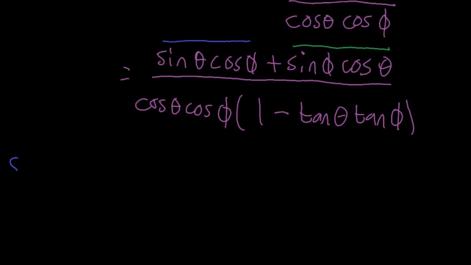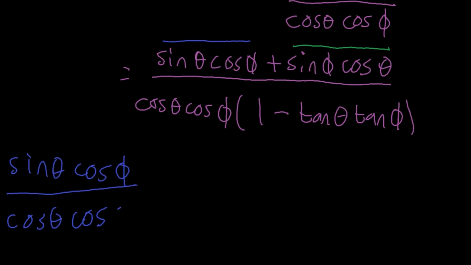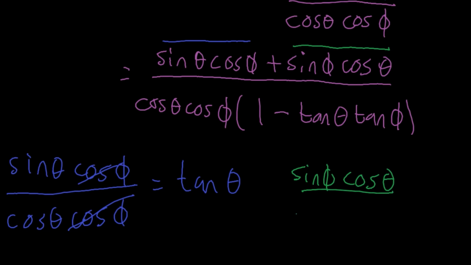So sine theta cos phi over cos theta cos phi. Notice that the cos phi cancels out to 1, and this leaves us with sine theta over cos theta. Well, that's tan theta. And now, the other expression in green, sine phi cos theta over cos theta cos phi. These two terms are going to cancel out, and sine phi over cos phi equals tan phi.